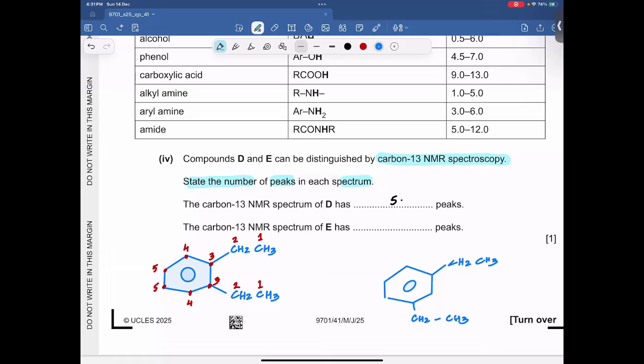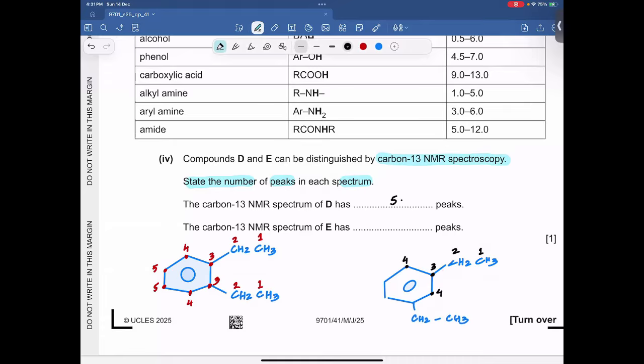This is the first carbon atom. This is the second environment. This one is third. And these two carbons are attached to the same group, which means both of them have the same environment, fourth.